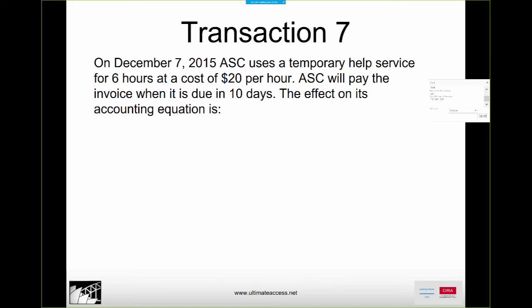Yes, let us see. Help service debit, and what sort of an account is this? Credit, cash or bank? What sort of an account is this help service? Expenses, and where will these expenses be?